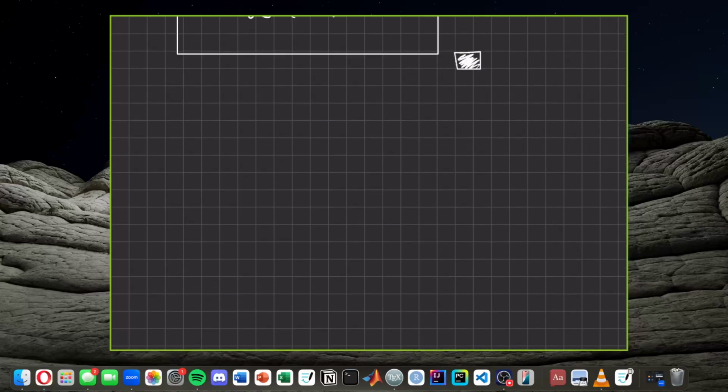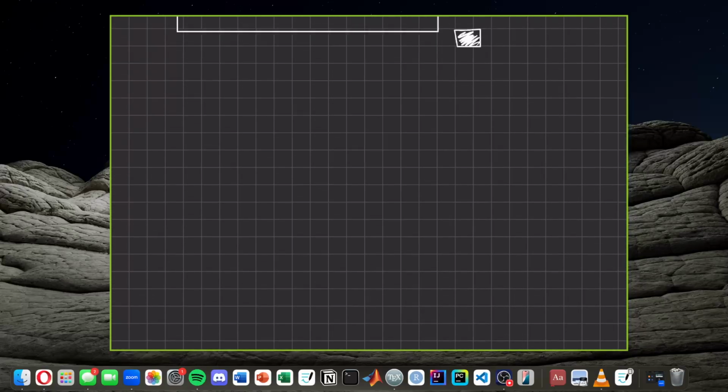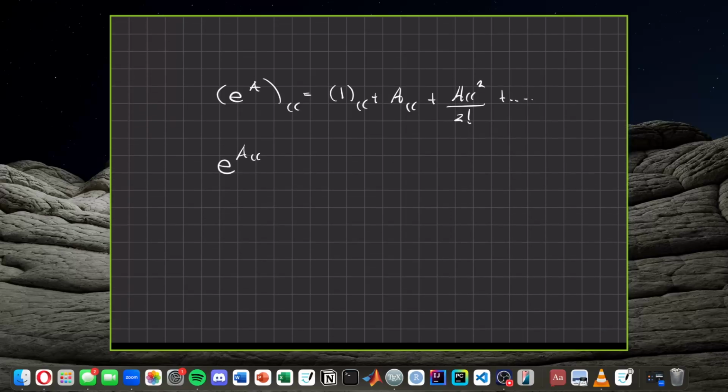But you can also see this if we just looked at e to the A again, and considered all the diagonal elements. This would just be e to the a, considering all the diagonal elements.